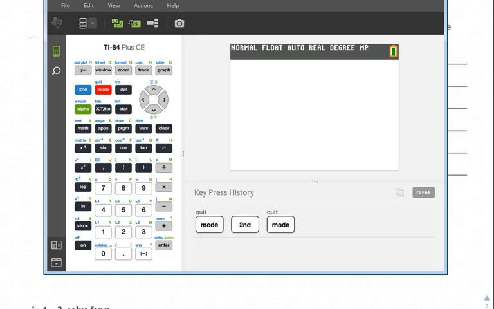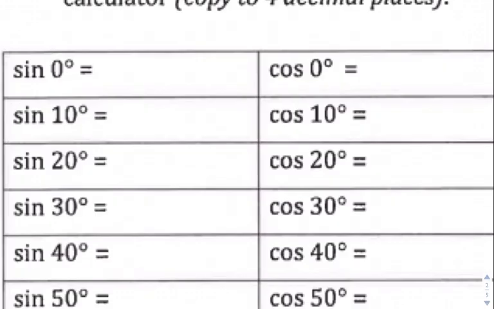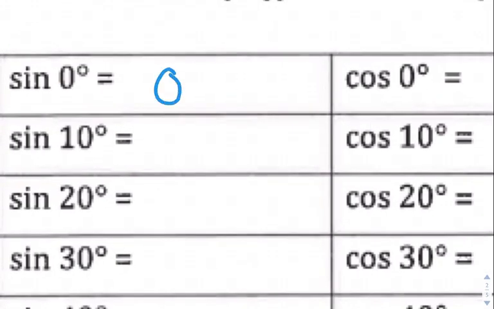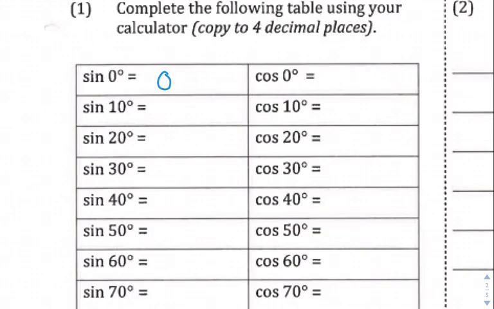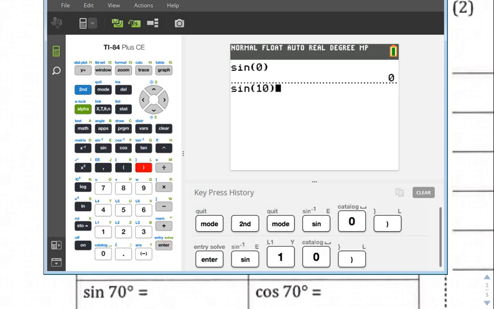I come over to my calculator, I hit sine 0, close the parentheses, hit enter, and I get 0. So on my chart, I'm going to put sine 0 equals 0. Then I'm going to do that with sine 10. I hit sine, 10, enter, and I'm going to round it to 4 decimal places.